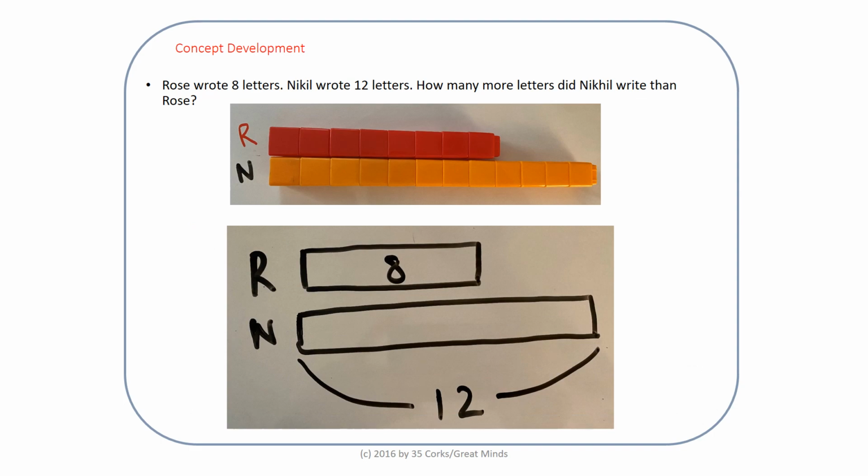Well, I know that Rose wrote 8, and I can see it in my tape diagram, and Nikhil's big rectangle is 12, but I'm trying to figure out how many more letters did Nikhil write than Rose? This tape represents 8. So this much of Nikhil's tape is also 8.